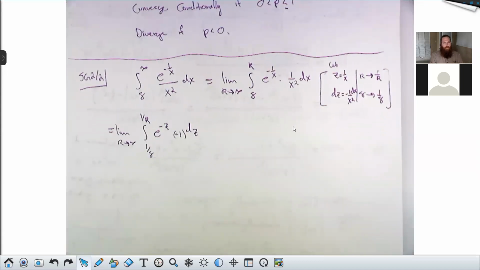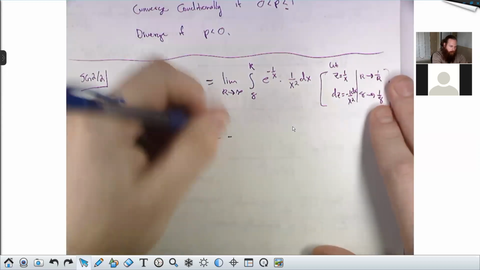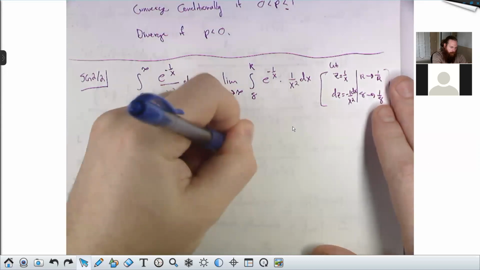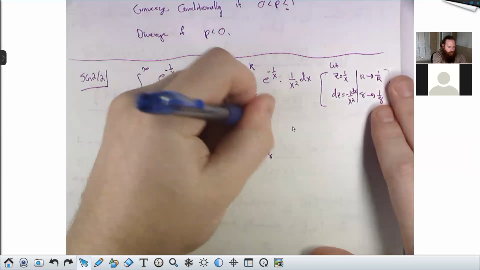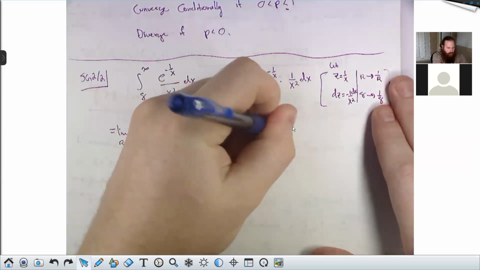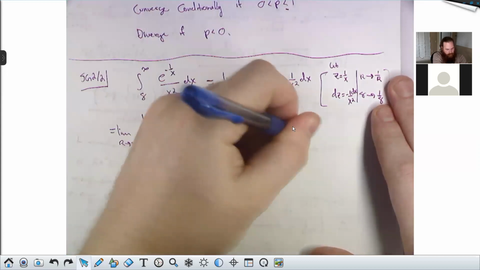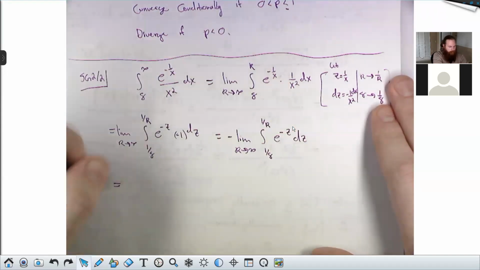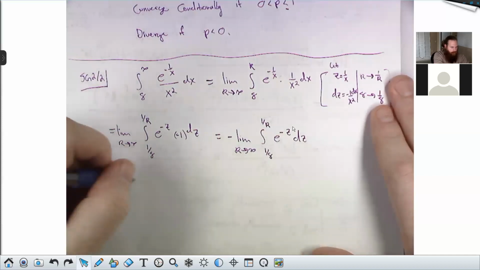All right. So I can pop out my negative. Negative lim r to infinity, integral 1/8 to 1 over r, e to the negative z dz. I'll get another negative from my antiderivative. That will cancel with this negative.